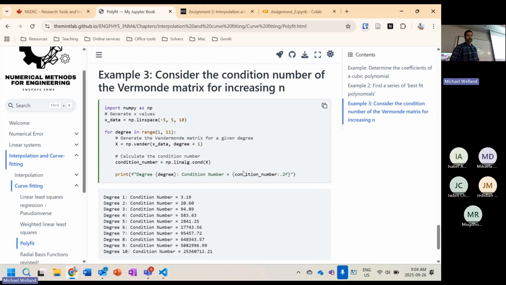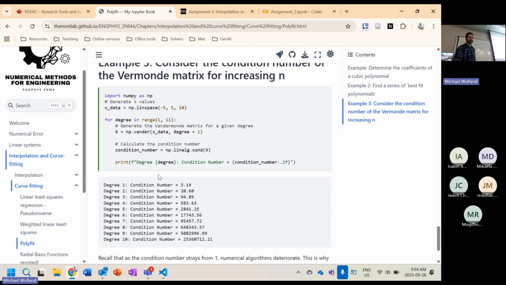Okay. There's a problem. Again, always problems, right? The condition number of the Vandermonde matrix dramatically increases. It goes off into space. The degree 1, the constant, right? 4, 3, not bad, right? Once you get up to the larger and larger n degrees, the condition number of that matrix that you're inverting goes off into the stratosphere.